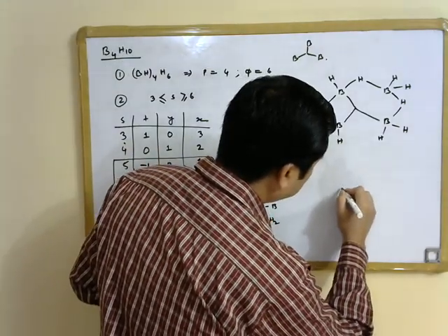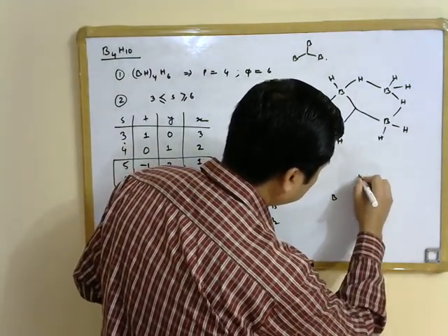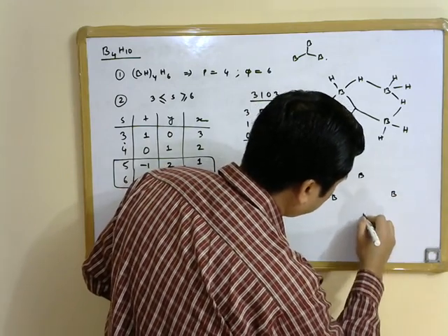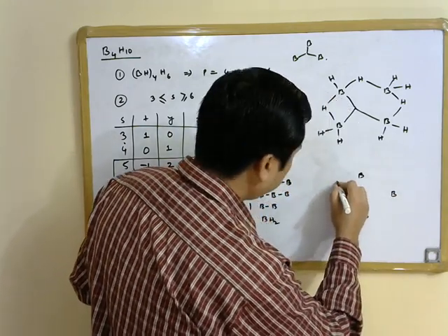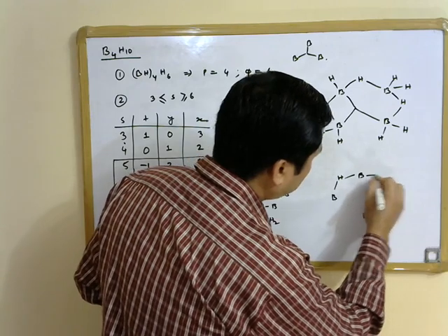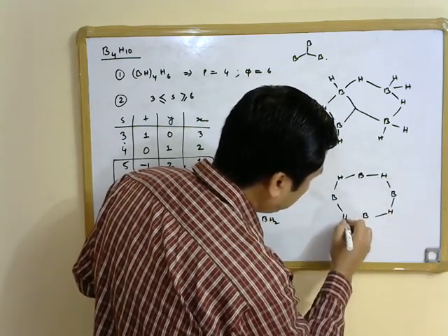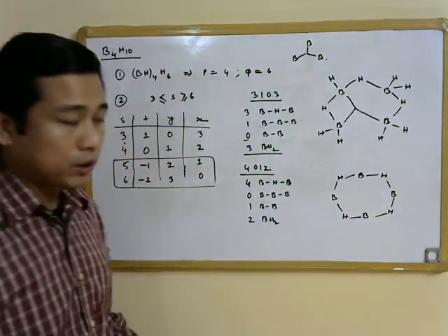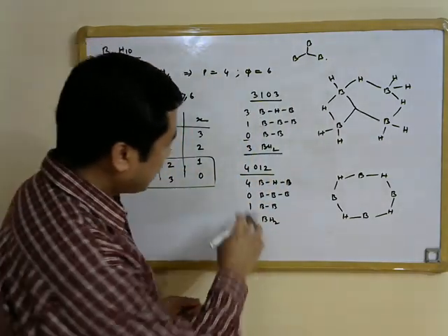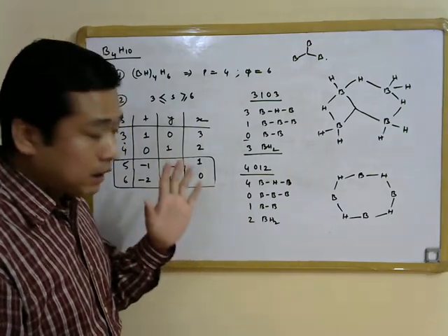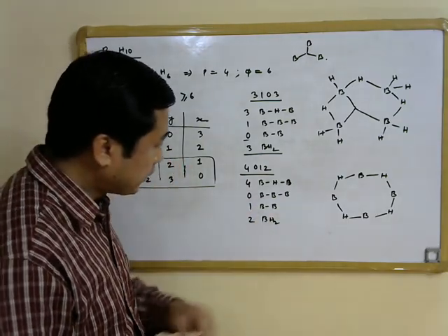And again, let us, so 4 BHB linkages. So let's connect all the 4 boron centers with one BHB 3-centered 2-electron linkage here. Then no BBB 3-centered 2-electron linkage, but one BB linkage.